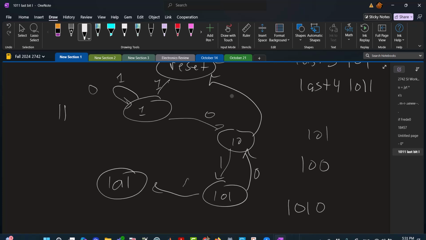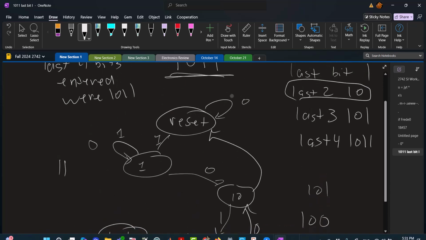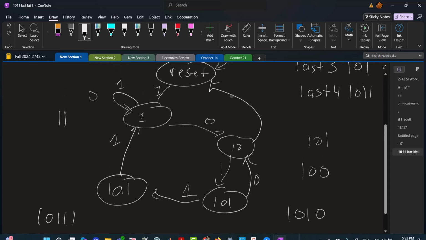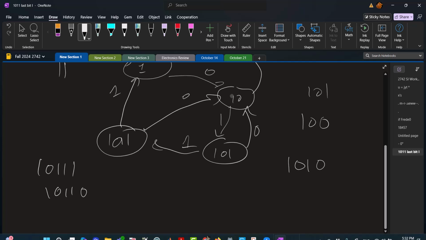And now, let's see what happens with 1 0 1 1. If I get a 1, my last 2 bits are 1 1, and that'll bring me to this one, where my last bit is 1. And if I get a 0, 1 0 1 1 0, that'll bring me to this one. Yep, okay.